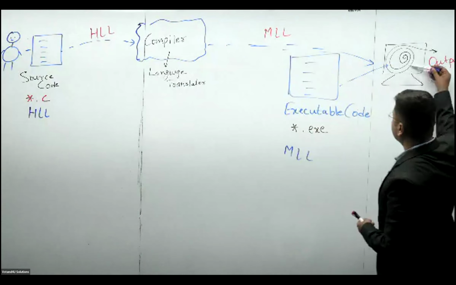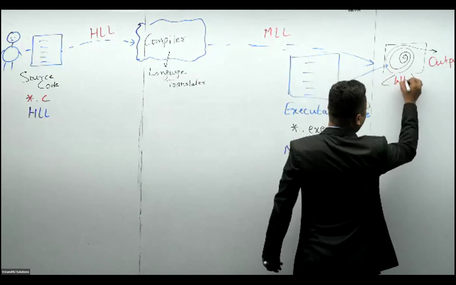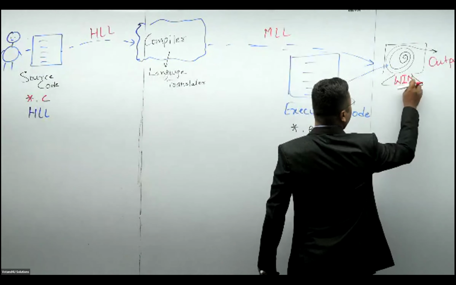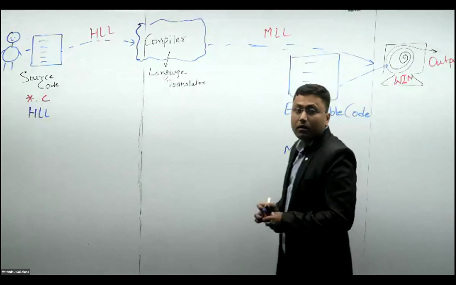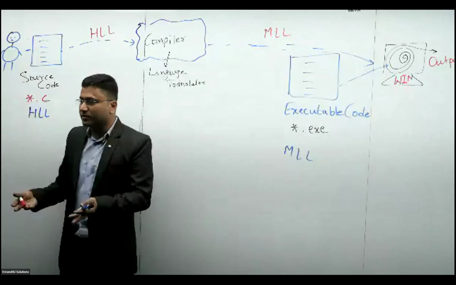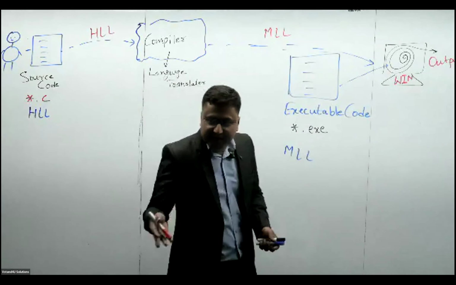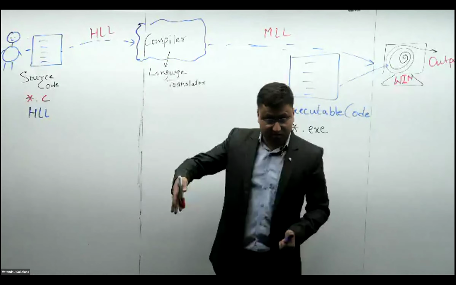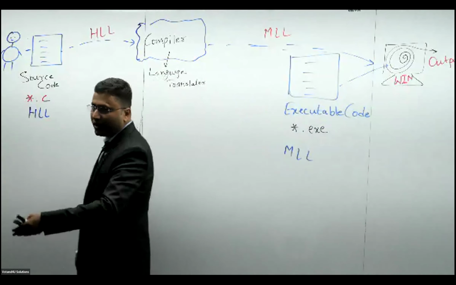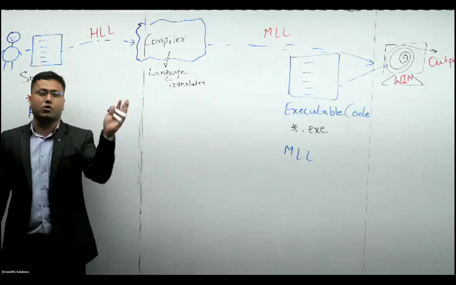Suppose this machine is a Windows machine. Windows is nothing but an operating system, as are Unix and flavors of Linux like Kali, Ubuntu, Fedora, Red Hat, Solaris, and so on.